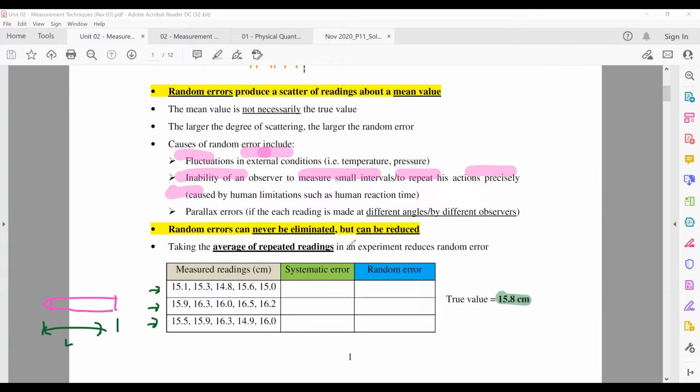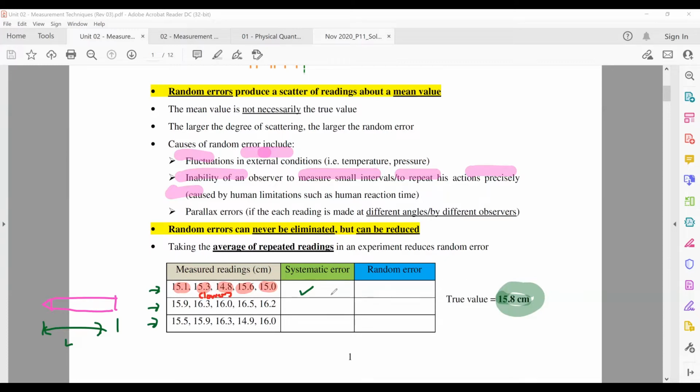The first set got me this one, the second set got me this one, and the third set got me this one. Now, if you look at these sets of readings, we would say that the first set has systematic error, because if the true value is 15.8, all the readings you're getting here, 15.1, 15.3, 15.8, 15.6 and 15.5, are all lower than the true value.